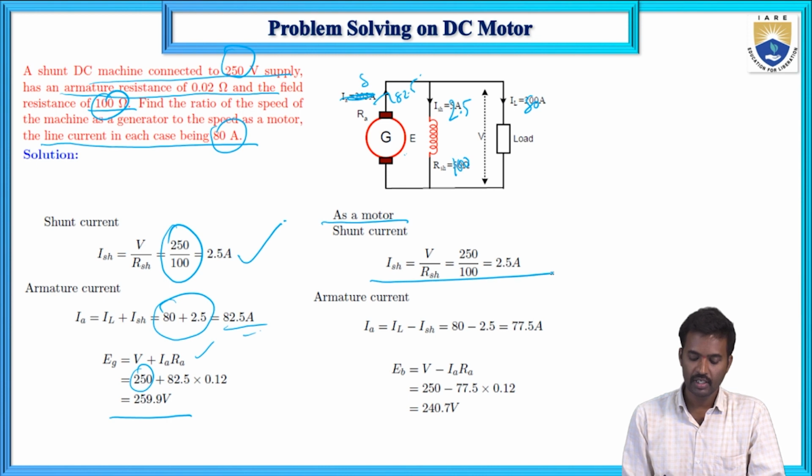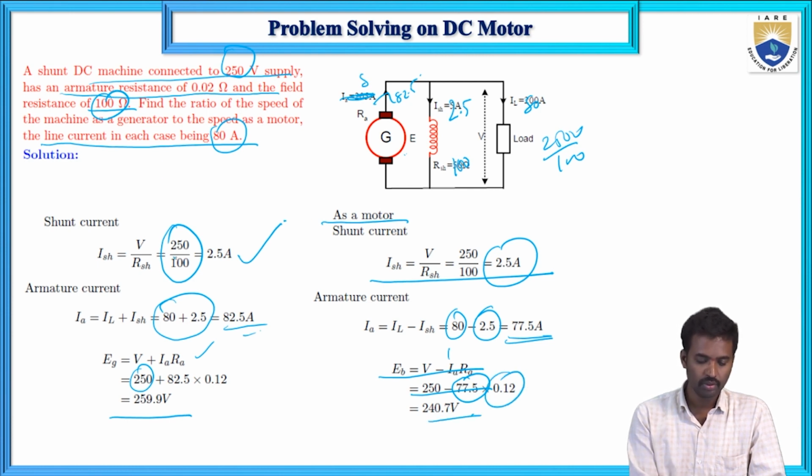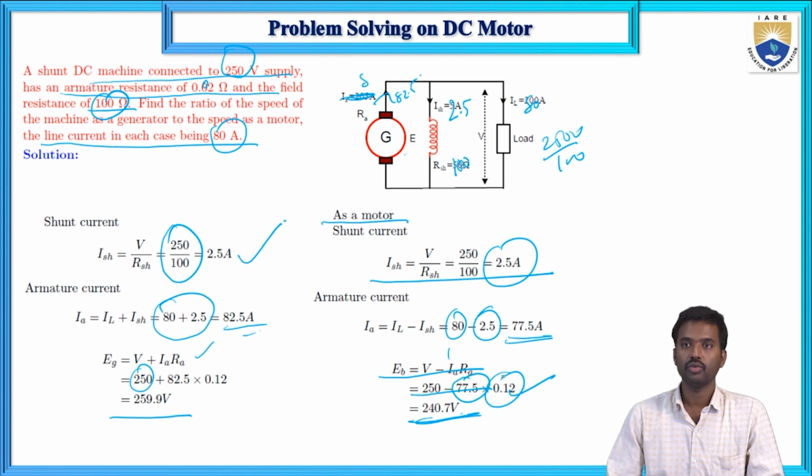In this case, ISH is the same, the total voltage 250 volts divided by 100, that equals 2.5. Then 80 minus 2.5 equals 77.5, and EB equals 250 minus 77.5 into 0.02, where 0.02 is the armature resistance, which gives about 248.4 volts.